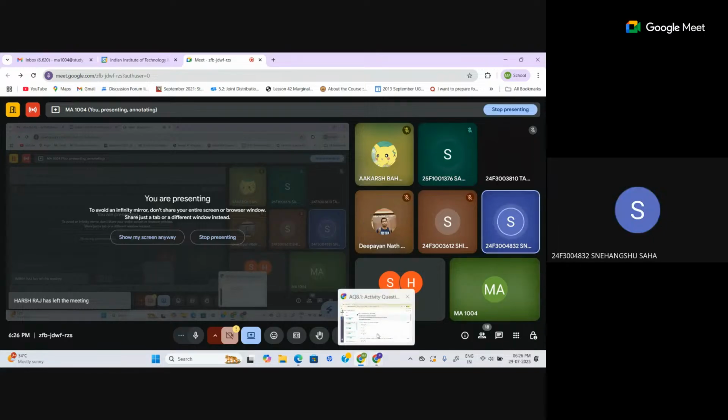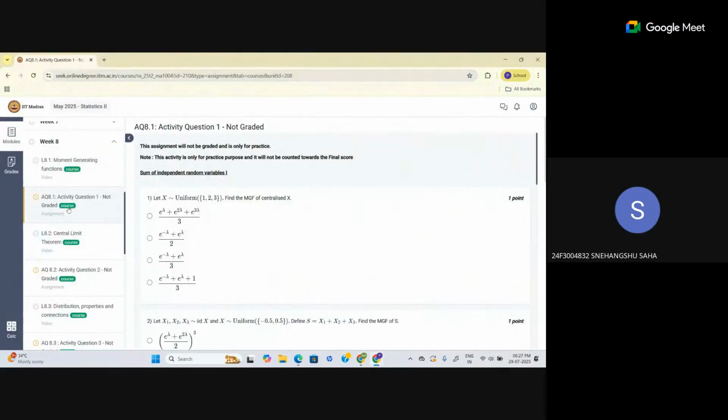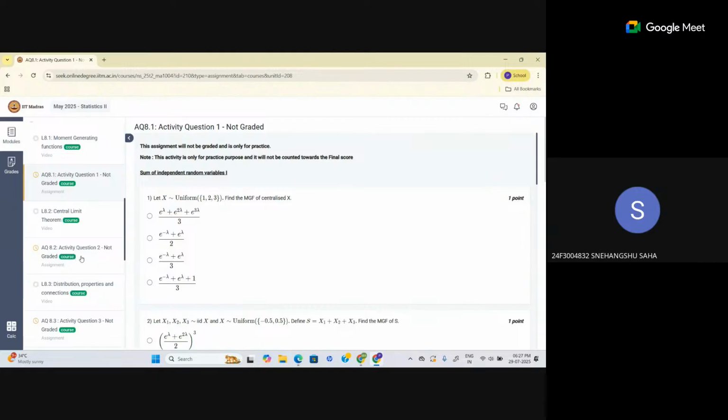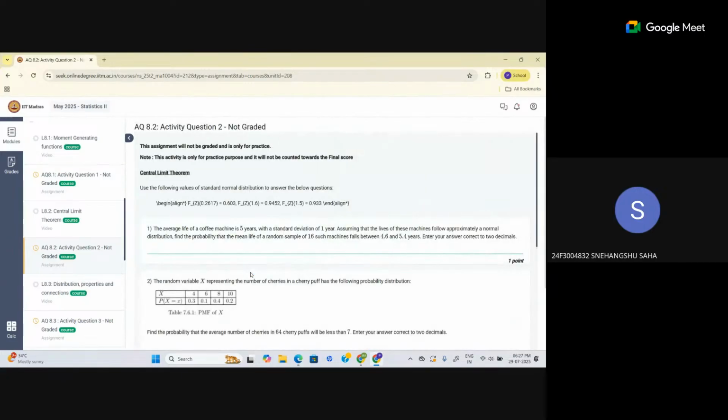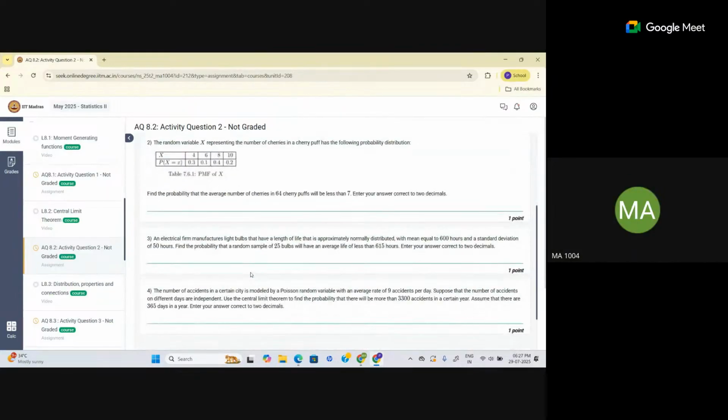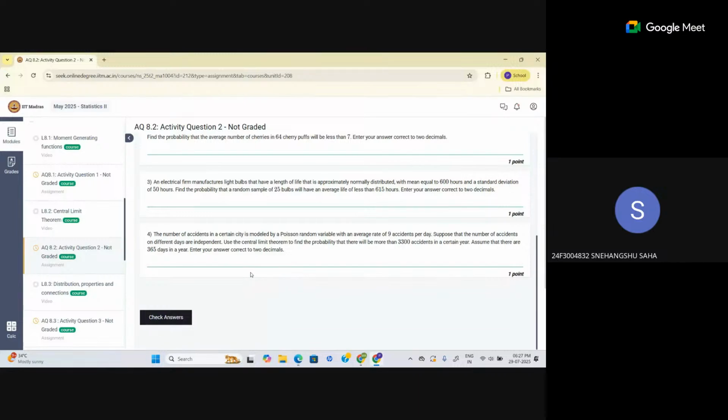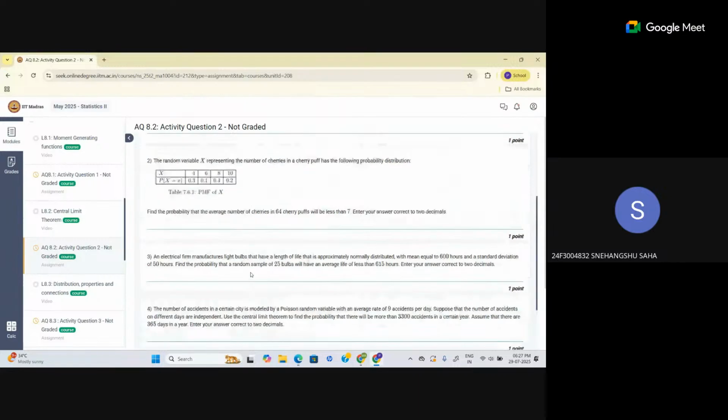Ma'am, 8.2, the data given is not there in the sheet. What is the data given? I could not understand. For all the questions, the reference data given, I could not understand.